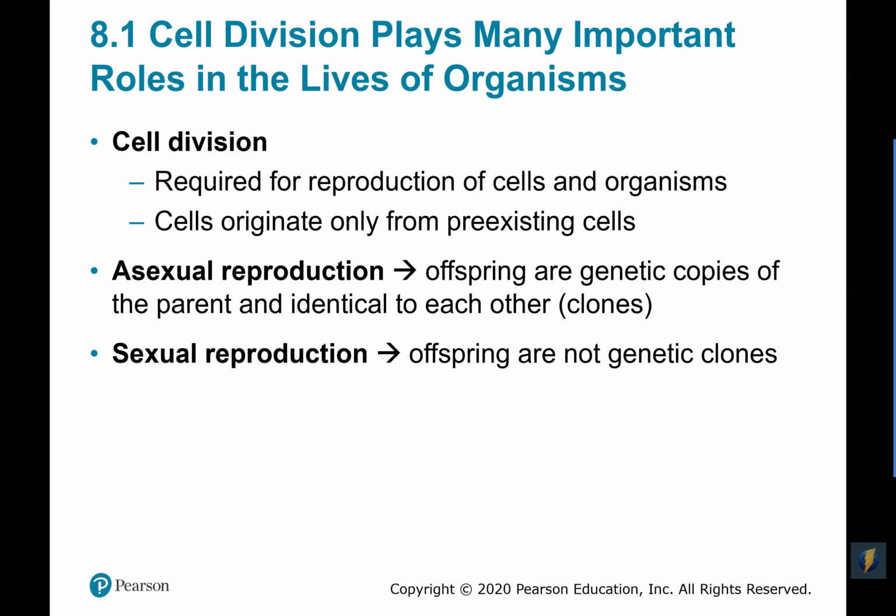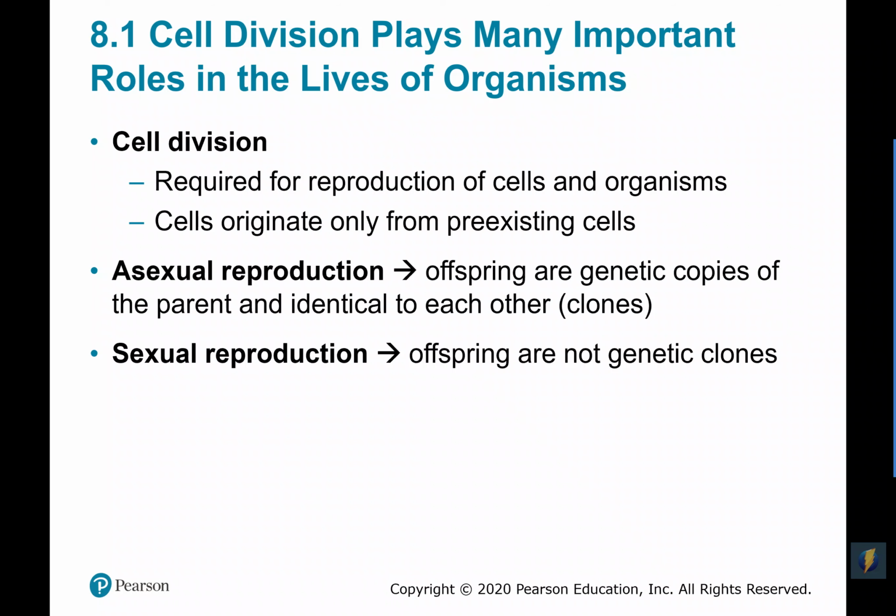And there's really two ways that reproduction takes place. There's asexual reproduction, where the offspring are essentially genetic copies of not only the parent but each other, so they're just clones. This is what goes on when we make new skin cells, or when we regenerate neurons after you've had surgery, for instance.